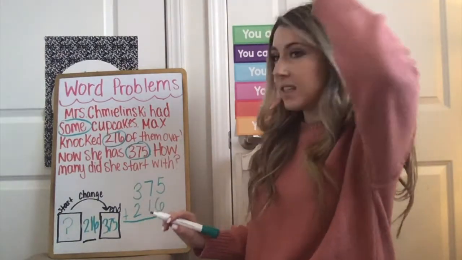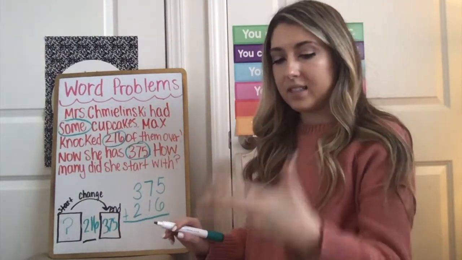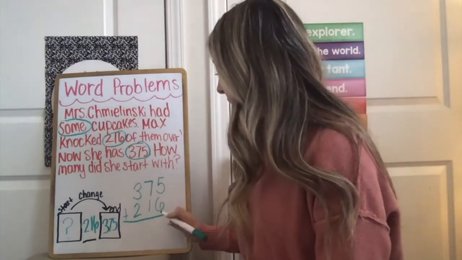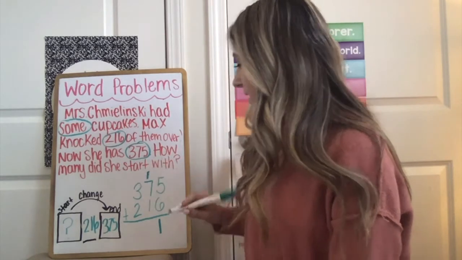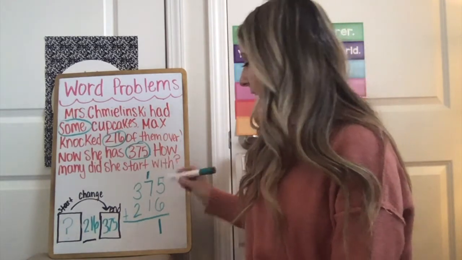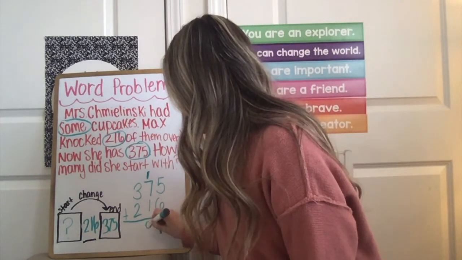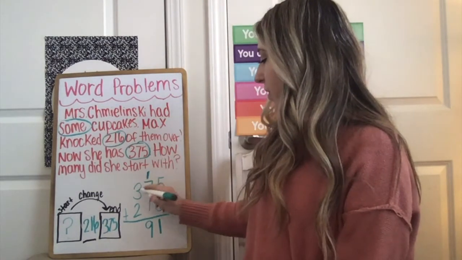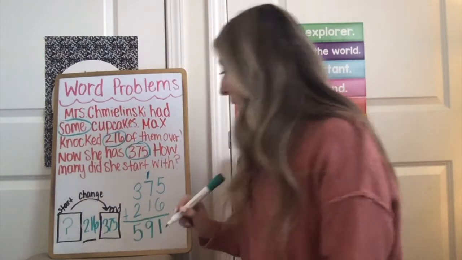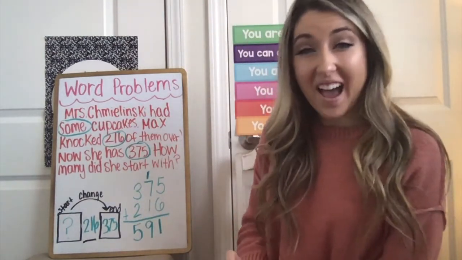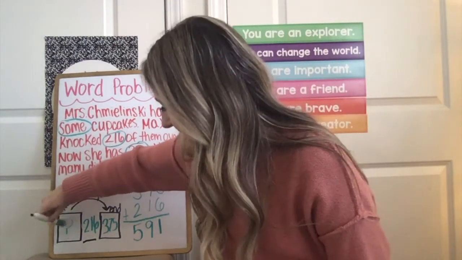So 6, 7, 8, 9, 10, 11. Okay, so I know I need to leave my 1s behind and regroup my 10. So 7, 8, 9. And then 3, 4, 5. So, wow, she should have started with 591 cupcakes.